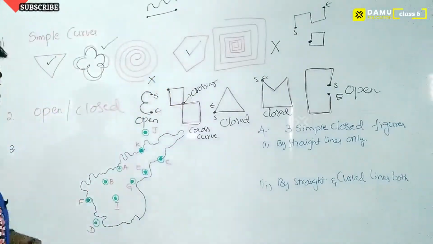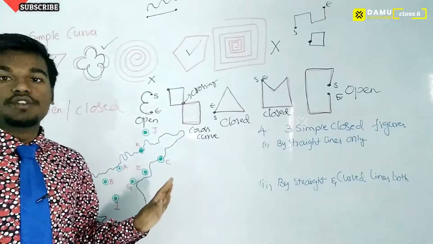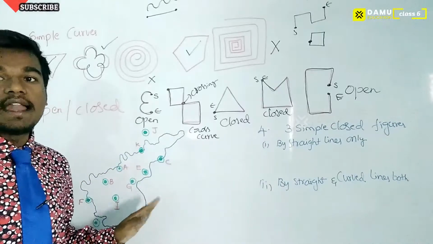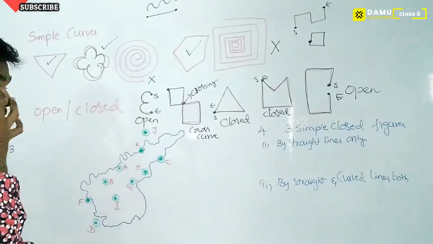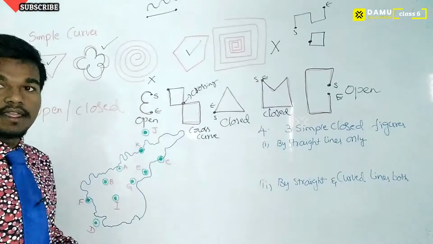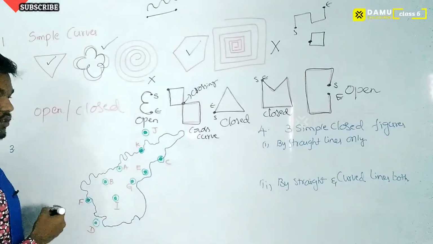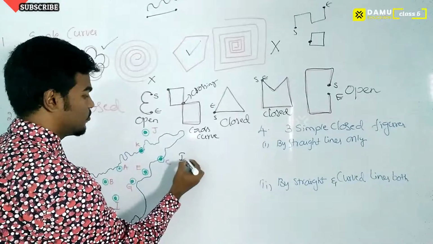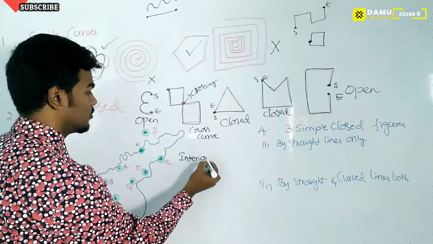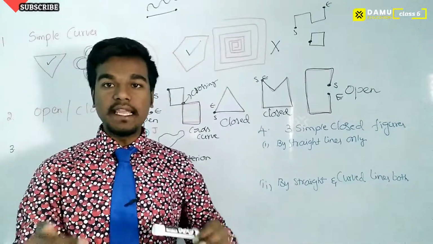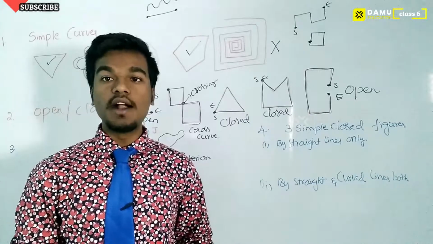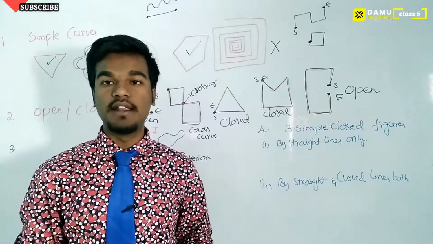Next one, they asked us to find which points are interior, which points are exterior and which points are boundary points. Boundary points are the ones on the curve. Let's take interior points first. Interior points are the points which are inside of the given region, located inside the given place.